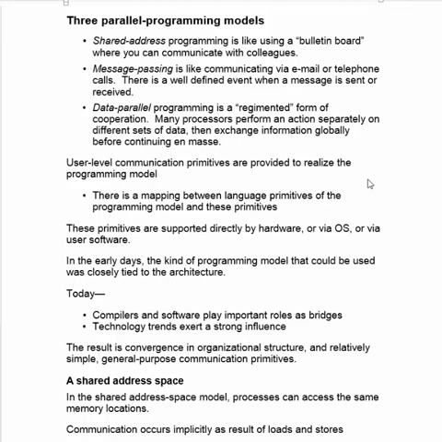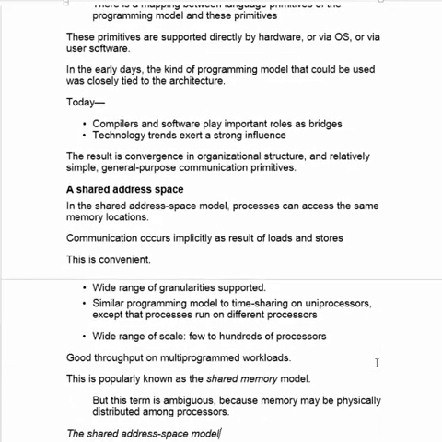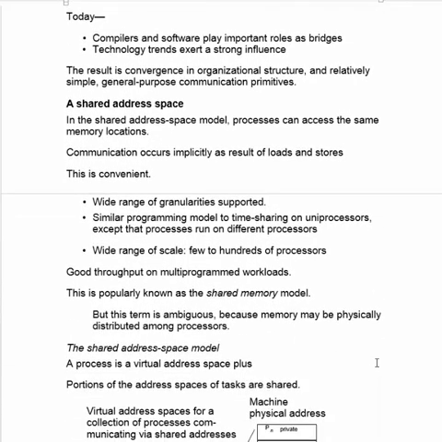Okay, so as far as shared address space programming is concerned, the salient fact is that we have a shared address space in the programming model, and that means that the processes can access the same memory locations.